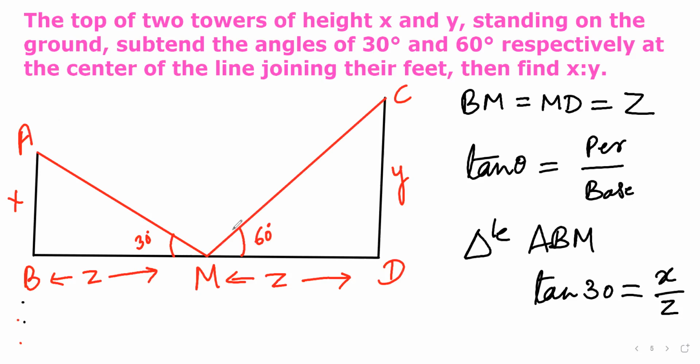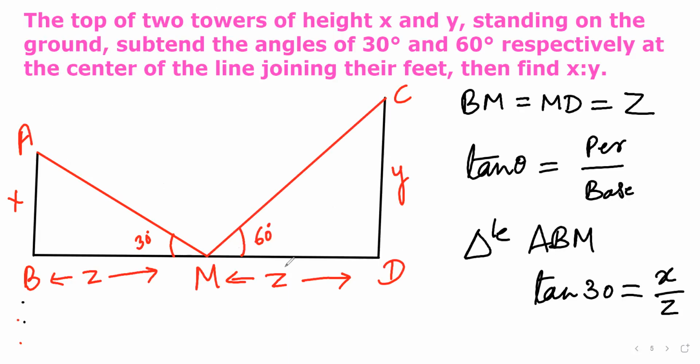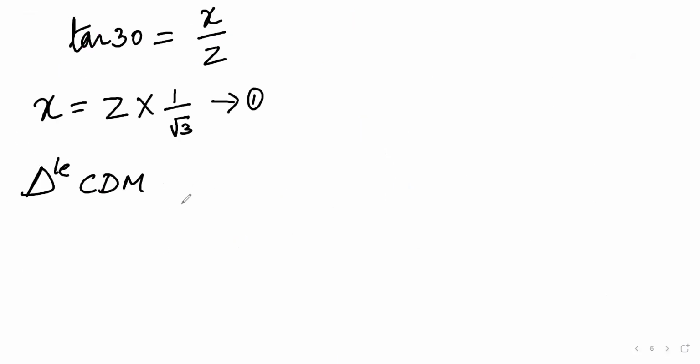Next, we'll go to the figure again, and another triangle is CDM. Okay, from the triangle CDM. So here again, tan theta equals y by z. That is tan 60, right?